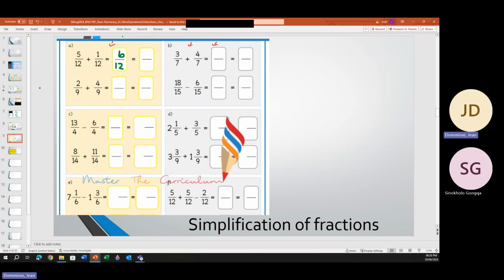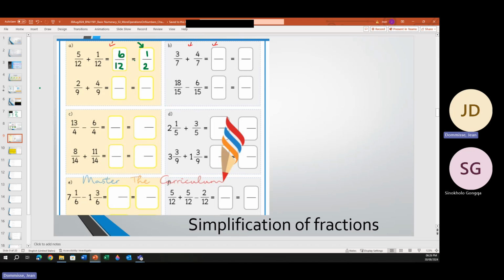If you have a Casio or a Sharp, those calculators have fractions built in, and you will see that 6/12 is actually 1/2, and that is the simplest form.